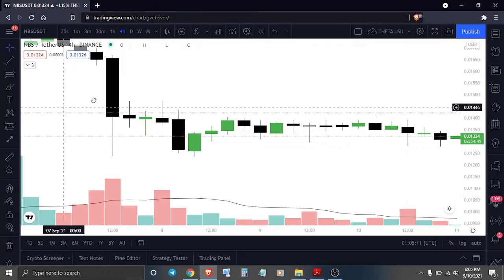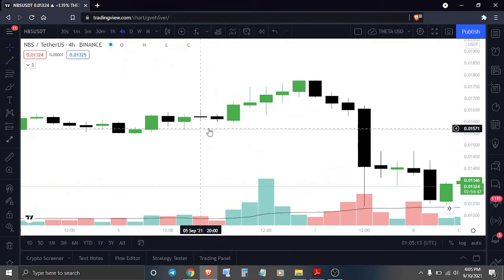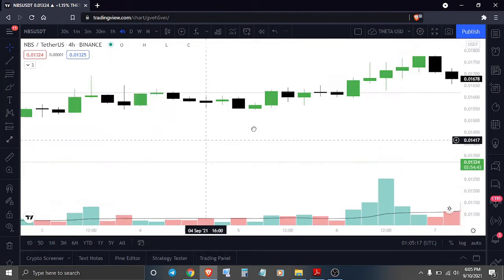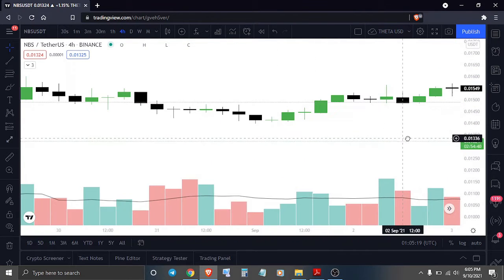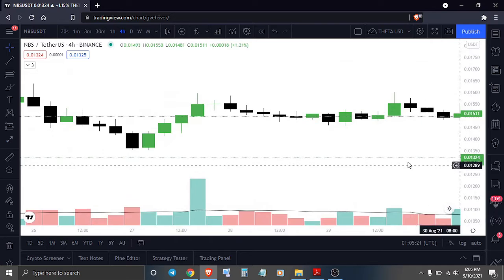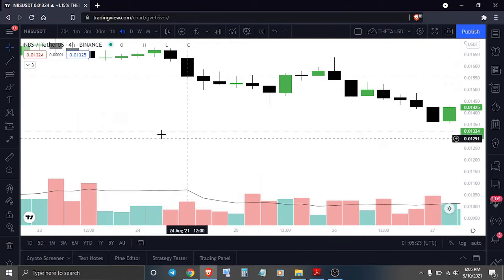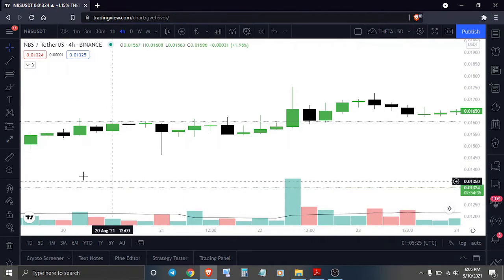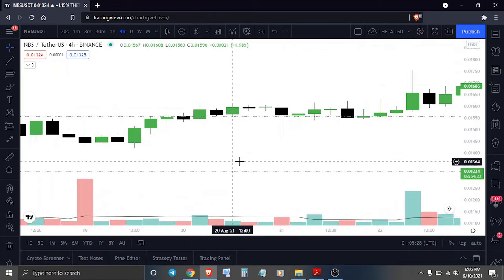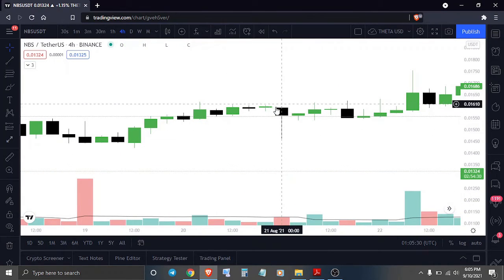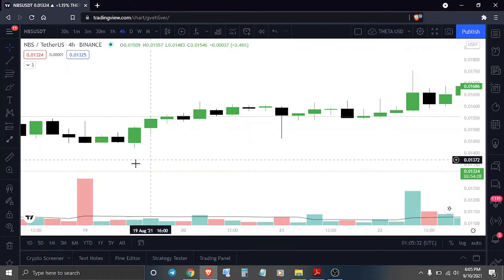But today we'll be looking at the hammerhead candlestick. I'll be showing you the hammerhead candlestick. This is pretty much like the hammerhead candlestick.